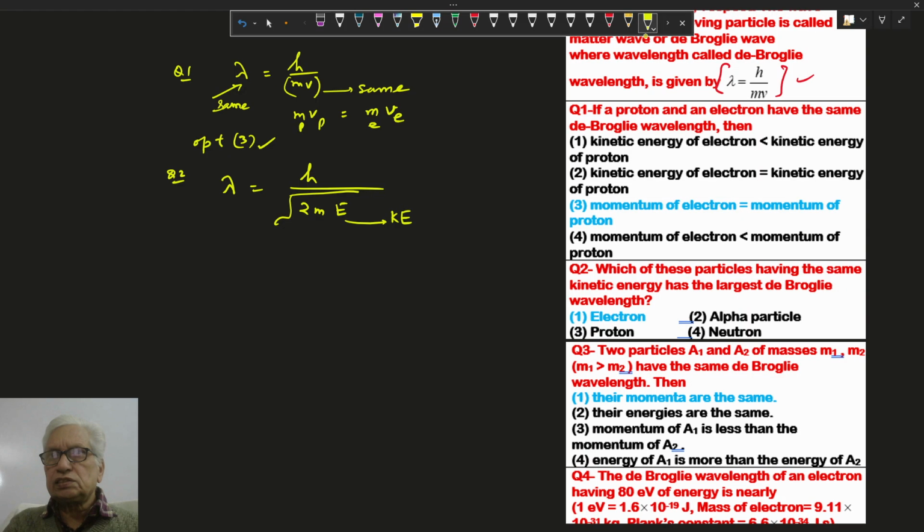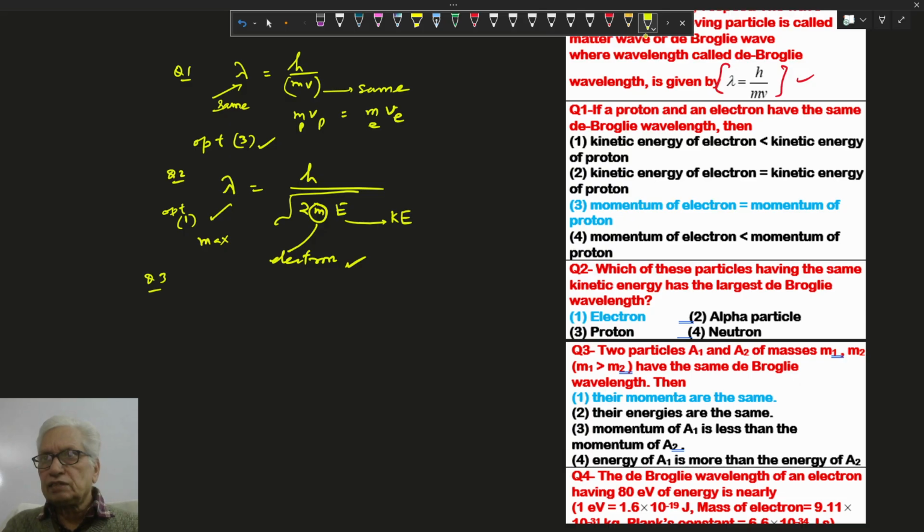In this question, kinetic energy is same, so lambda is more for lesser mass. Minimum mass is for electron here, so wavelength is maximum. So de Broglie wavelength is maximum for electron. So option 1 is correct.